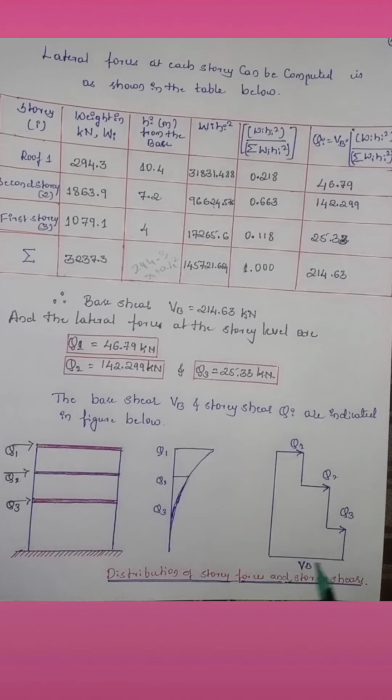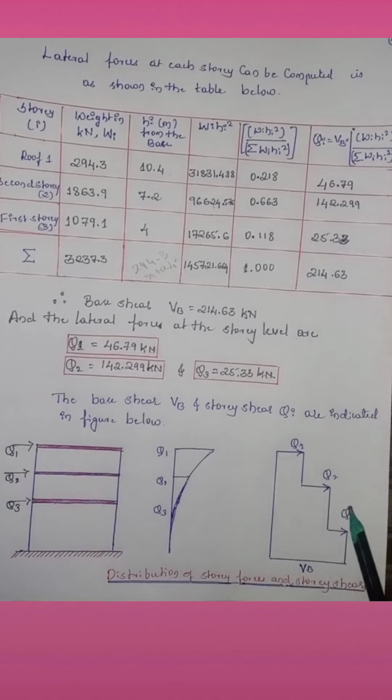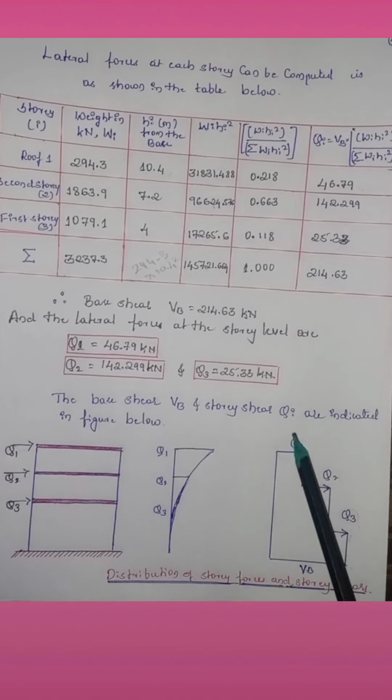Okay, this is base shear, this is the first story, but it is indicated as Q3. This is the second story, Q2, and the roof is indicated as Q1. Okay, this is the method for indication of story shears.